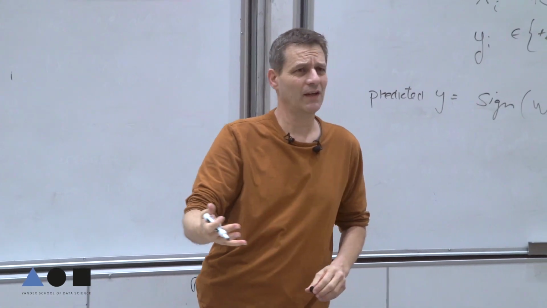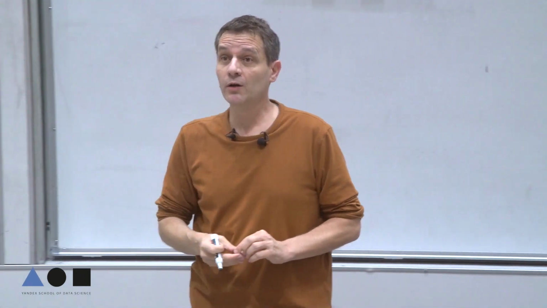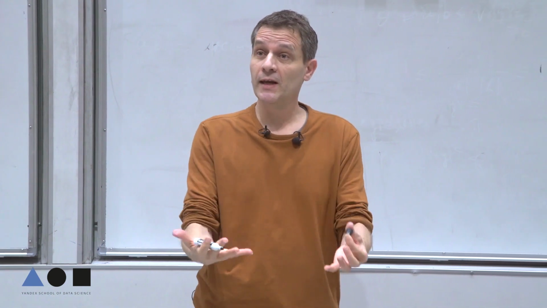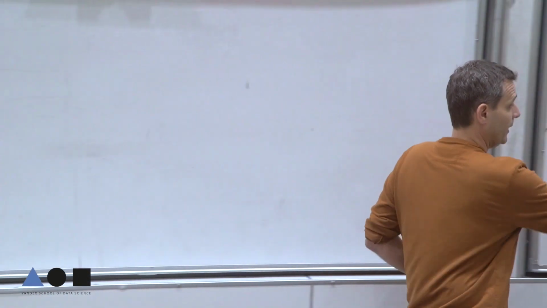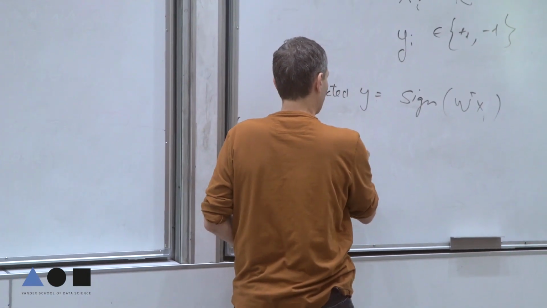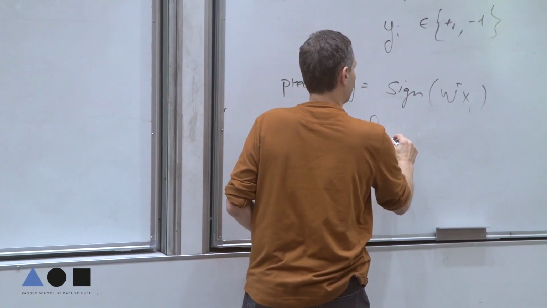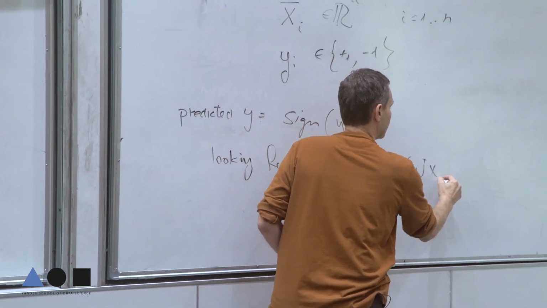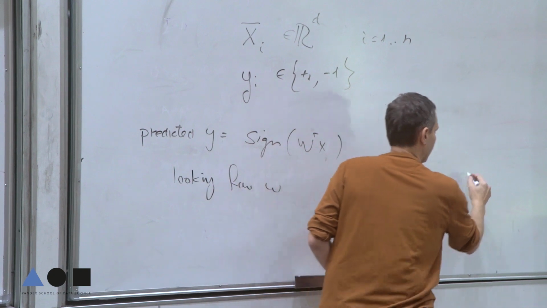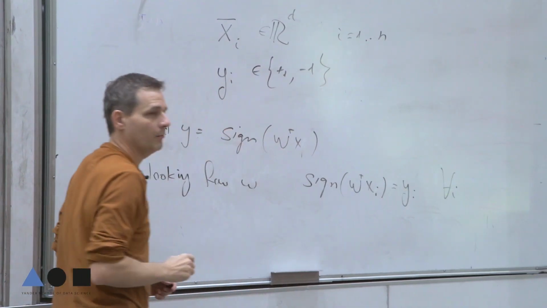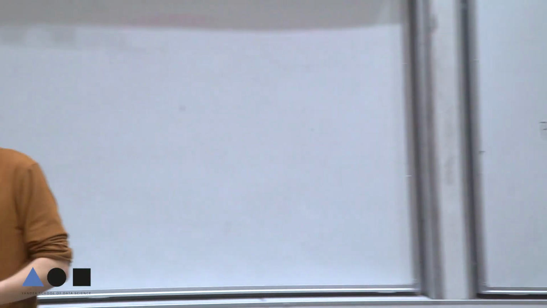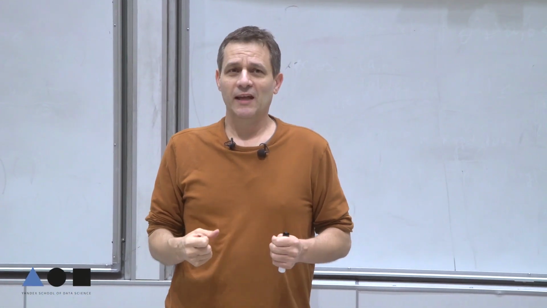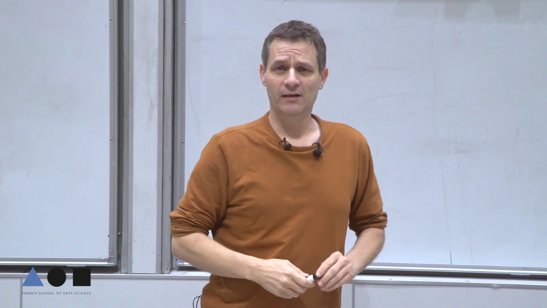And of course, what you want to do is select a W that agrees with your training data. So we are looking for a W such that the sign of W transpose Xi is equal to Yi for every sample, right? You want to find a classifier, the weights, the parameters of the model, that agree with your training data, with your labeled data, right?